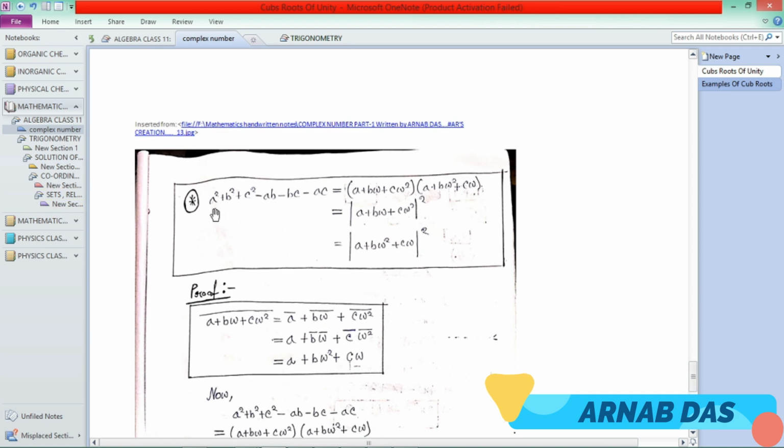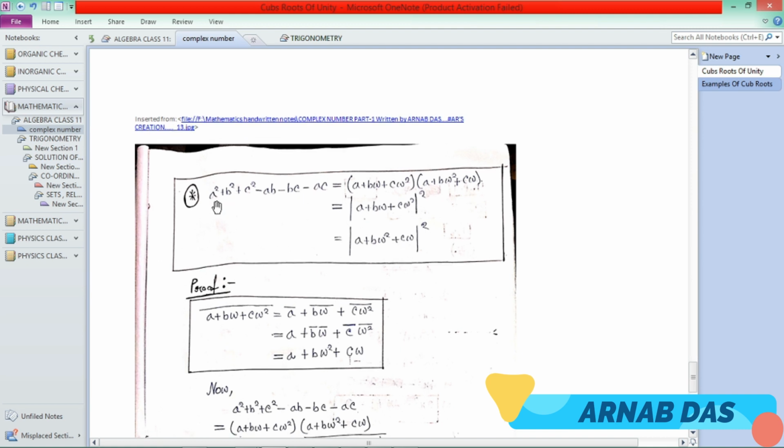In this way I also prove for a square plus b square plus c square minus ab minus bc minus ac also, and it equals a plus b omega plus c omega square times a plus b omega square plus c omega, and it equals the whole square of mod of a plus b omega plus c omega square, because the bar of omega equals omega square, and the bar of omega square is omega.